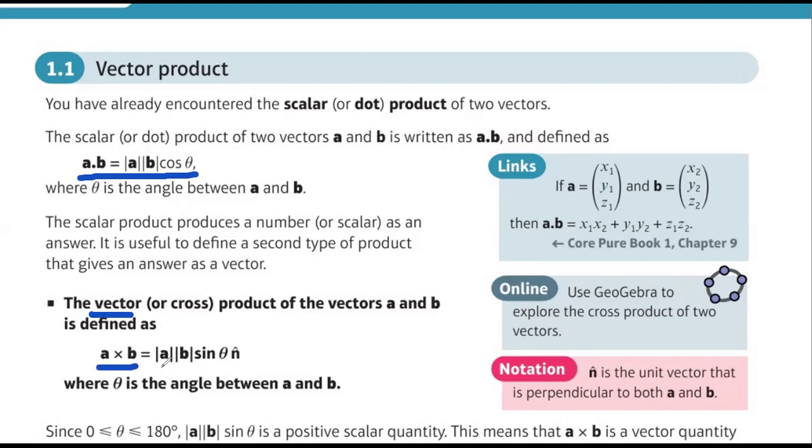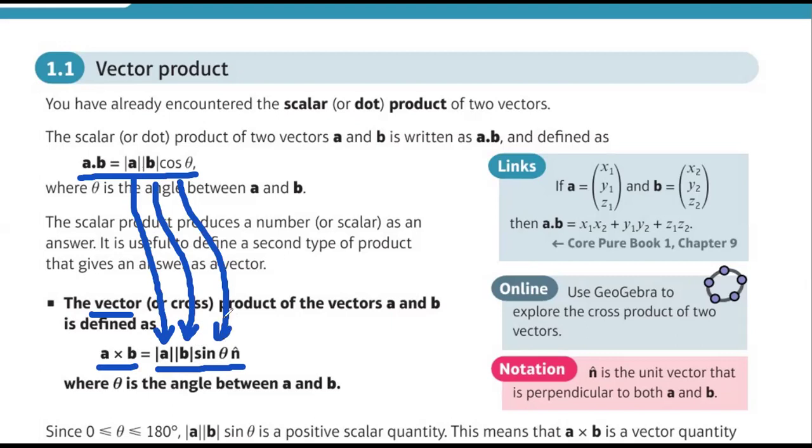A cross B equals modulus of A, modulus of B, same as the scalar product, but into sine theta instead of cos theta.